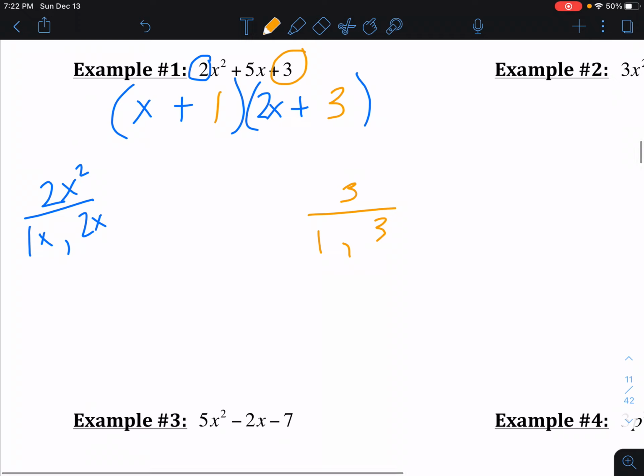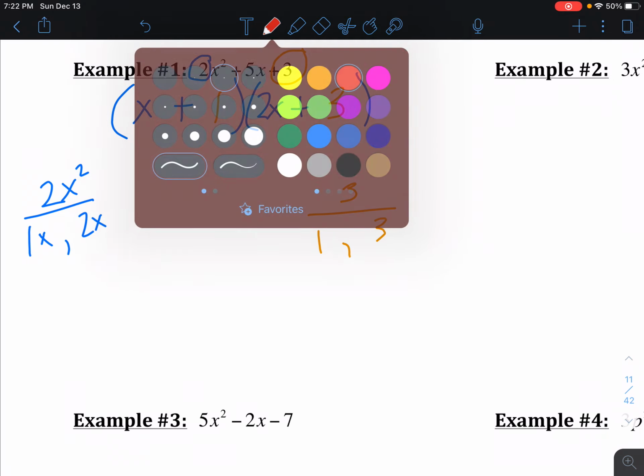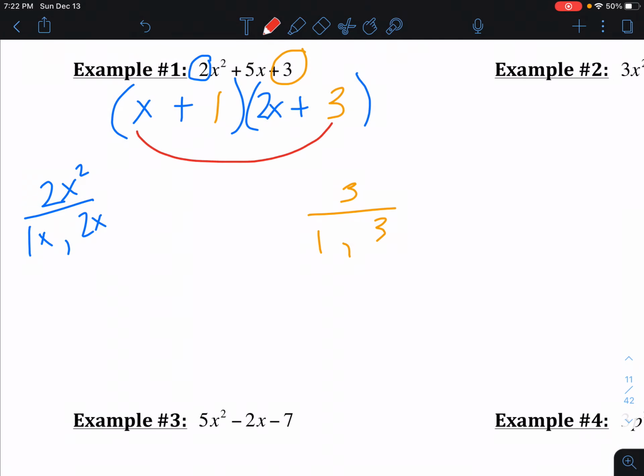So we go, okay, O, outsides, multiply to get 3x. And the insides, multiply them together. 1 times 2x is 2x. These, 2x plus 3x, adds up to get 5x, which I have right here.